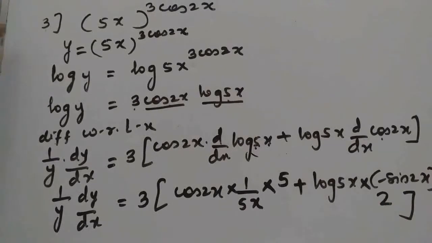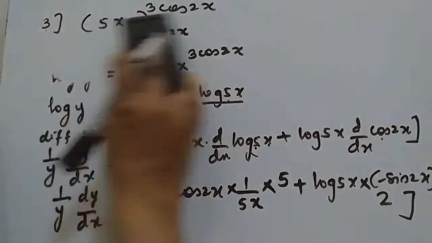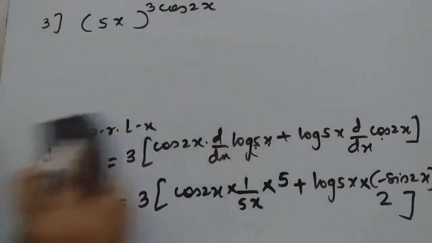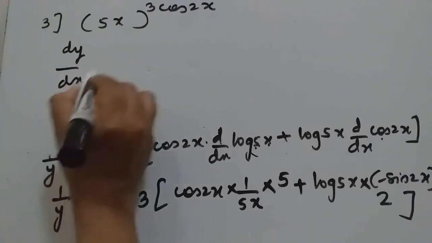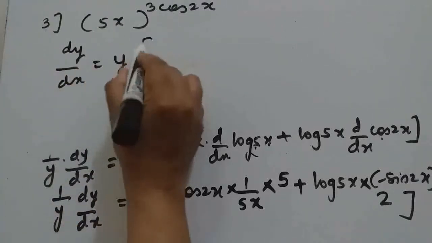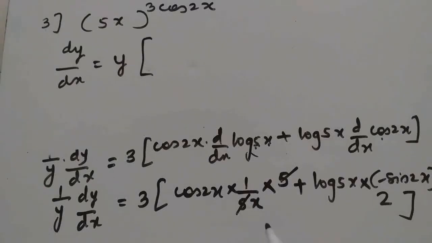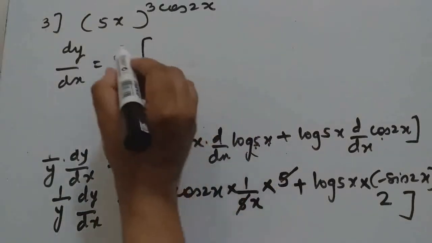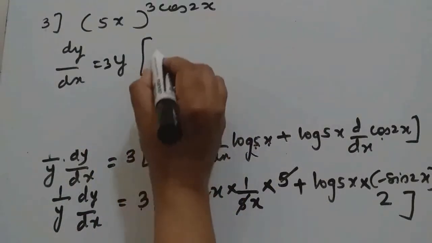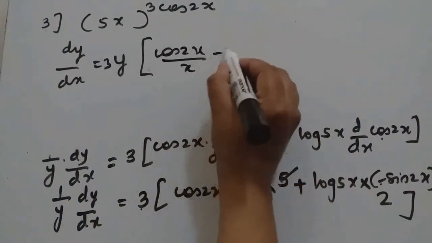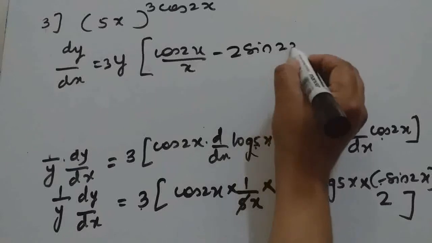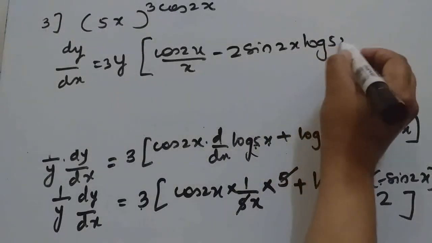So what we can write here? dy/dx will be y times, see this 5 will go, so we can write 3y, 3 is outside, (cos 2x)/x − 2 sin 2x log 5x.